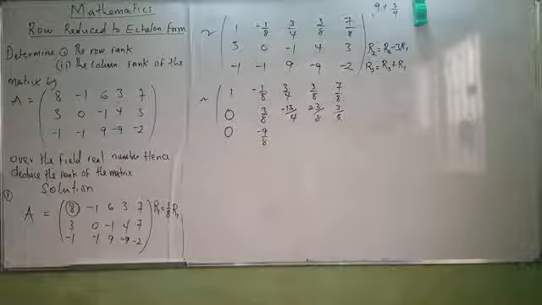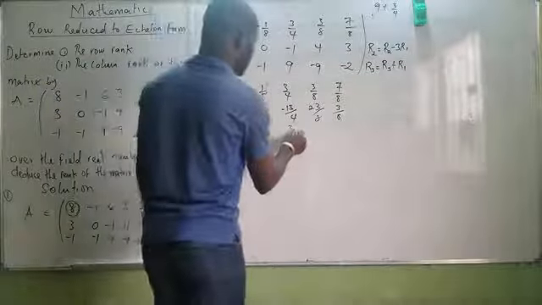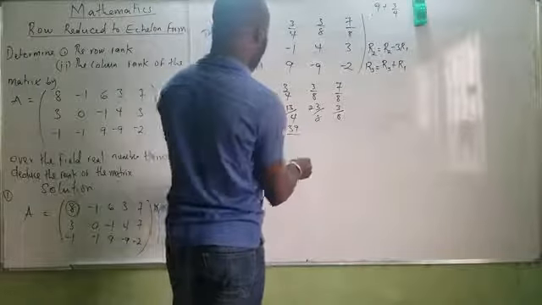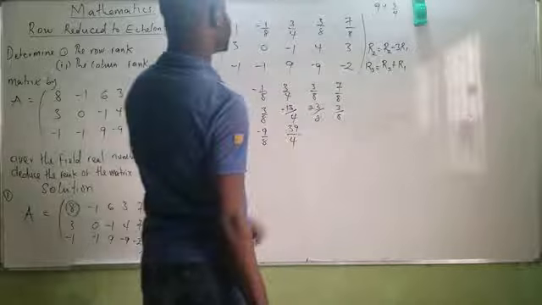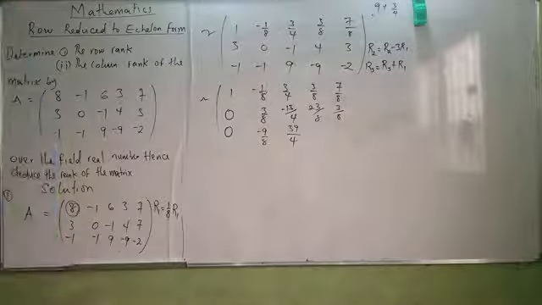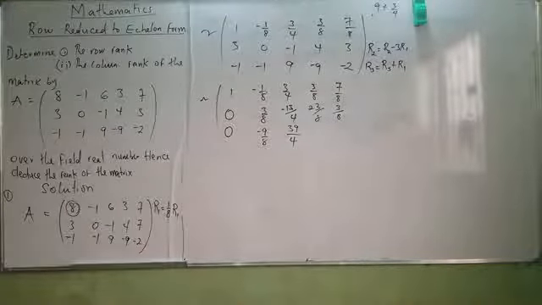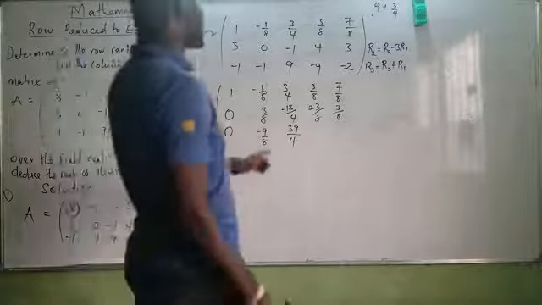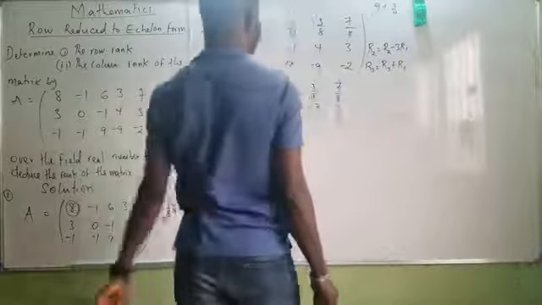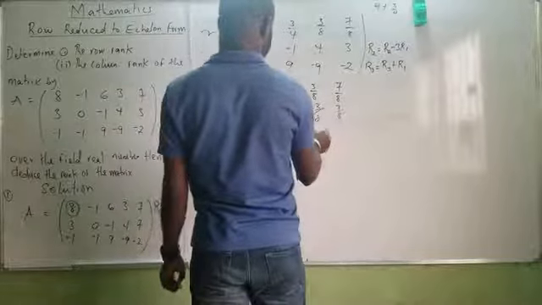32 plus this, 32 plus that will be 30. Is it 30? 36, which is going to be 39. I'll be having 39 all over 4. And the next one, I'll be having 9 minus 9, which is going to be minus 36, is going to be 33.